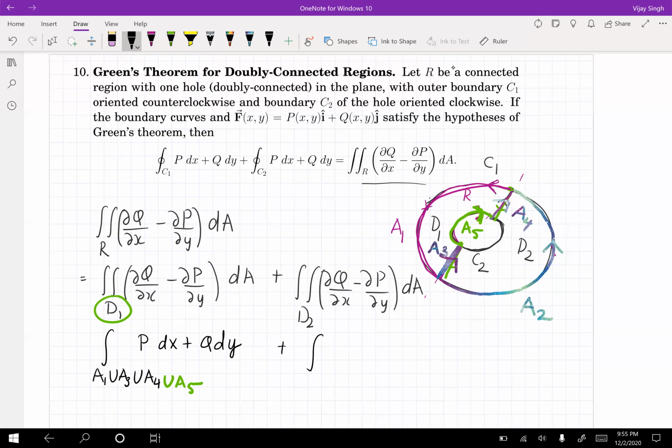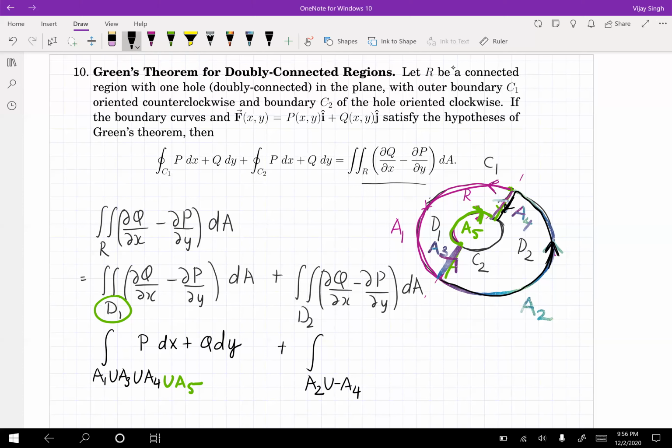Plus, for D2, how is D2 composed? D2 starts with A2, then you go in the opposite direction of A4, so union minus A4.